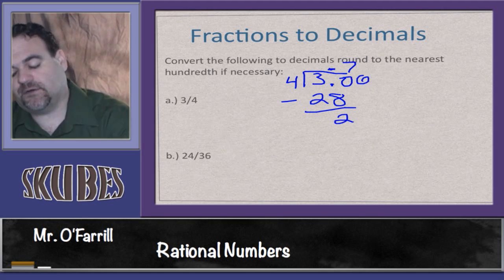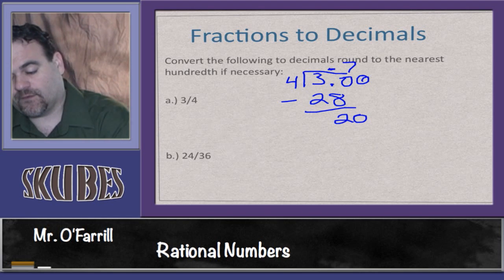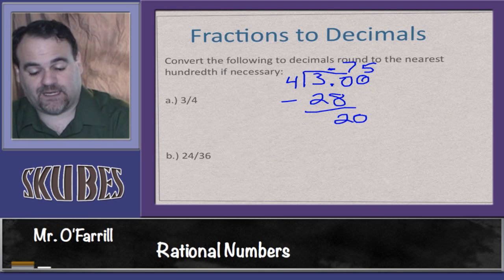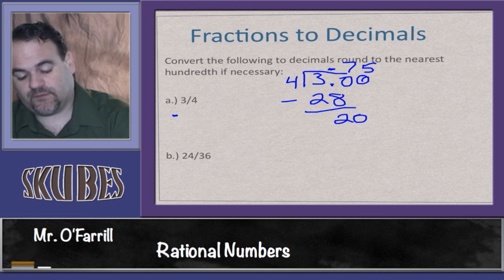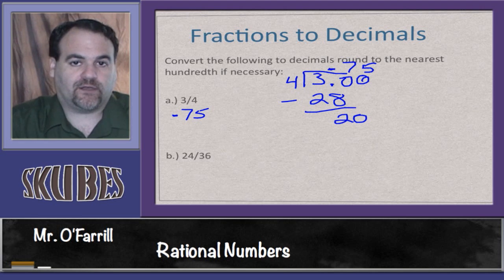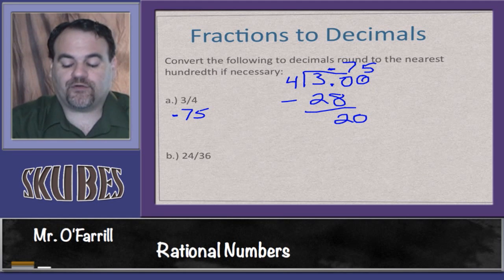Introduce another 0 and bring it down. 4 goes into 20 5 times exactly. So 3/4 is the same as 0.75. And let's do this other one, 24/36.